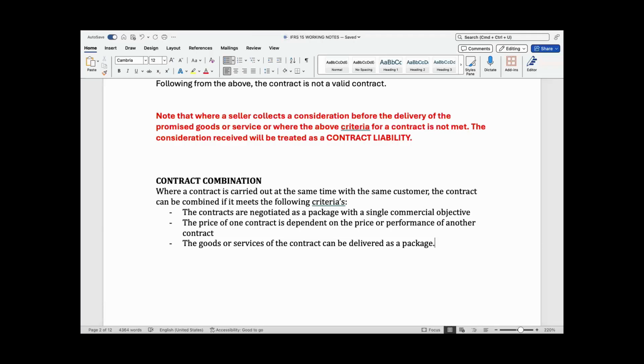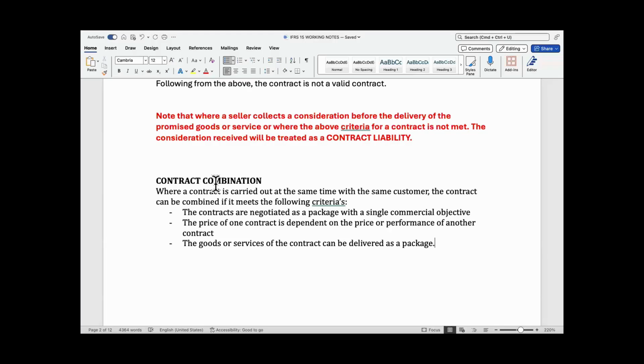So when we talk about contract combination, we are saying that you can combine a contract that you signed, that you agree with the same customer at almost the same time.